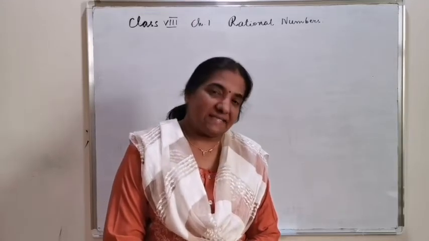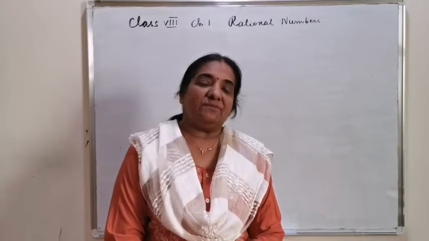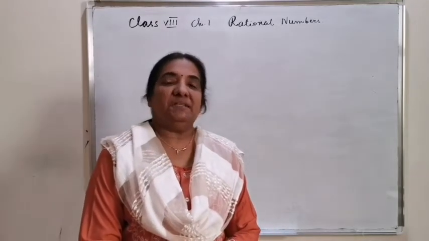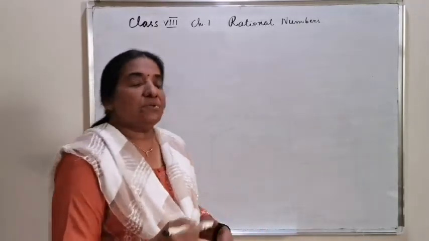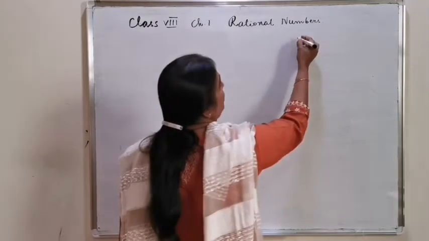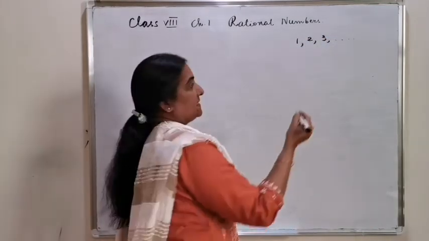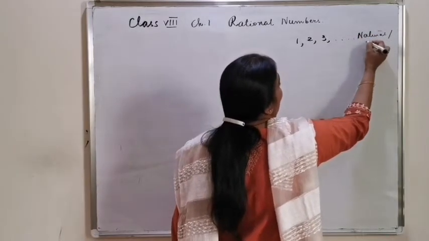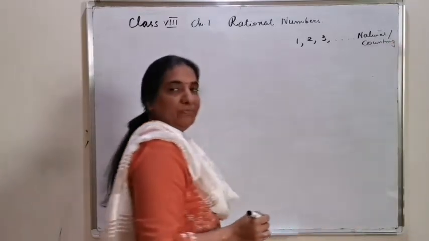The first lesson in Standard 8 deals with rational numbers, which belong to the number system. The numbers which we use to count, 1, 2, 3, etc., are called natural or counting numbers.